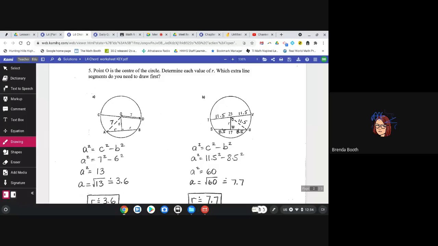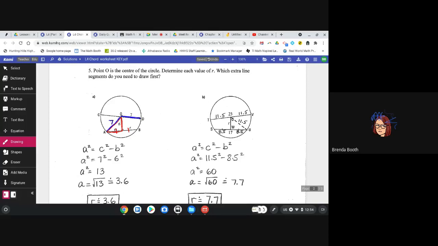I had to add this radius, and I know it's 7 because I know that this radius is 7. And then once I get that radius drawn on there, then I can work with this right triangle. And because of the chord property, I know that this segment and this segment are equal.